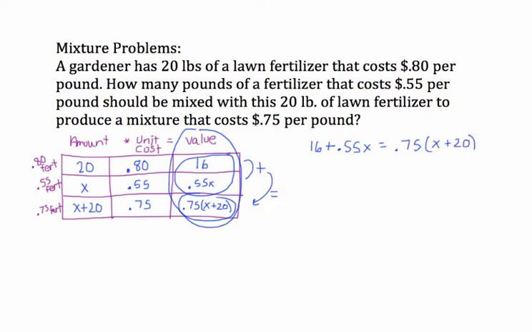Now that I have it in equation form, I can just solve. I'll distribute. 0.75 times 20 is 15. I need my x's on one side, so I'll subtract 0.55x.